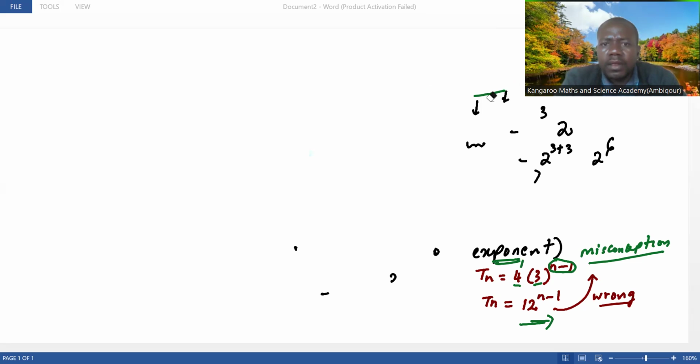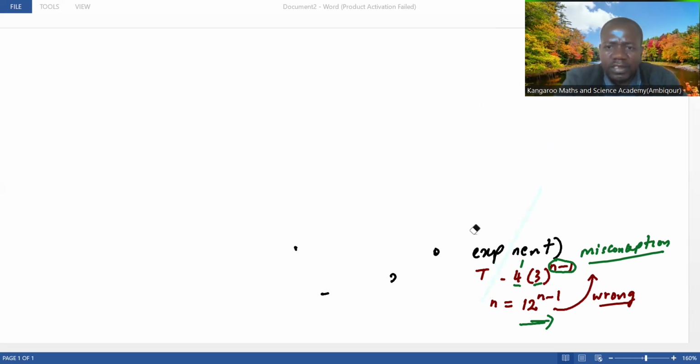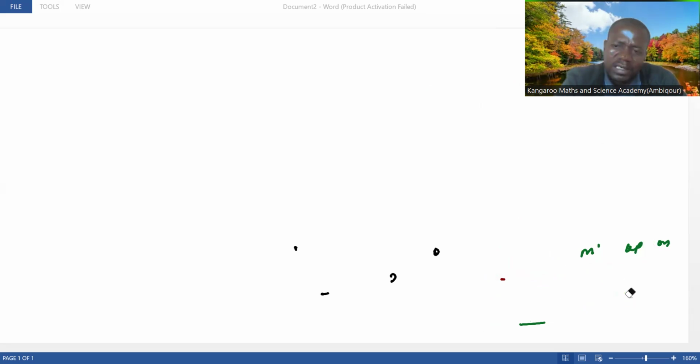Then the other one, I can just call it law number 5, but it's actually an axiom that says any number that is raised to the power of 0 always equals 1. Any number raised to the power of 0 always equals 1, according to exponents.